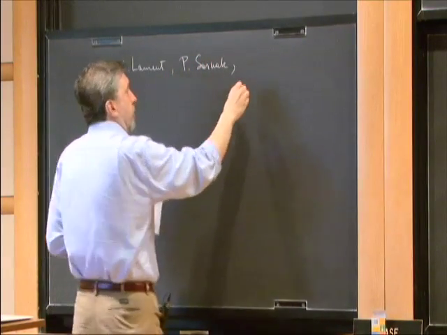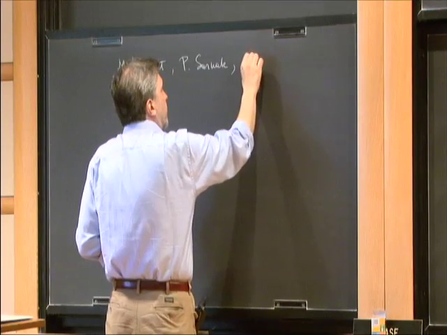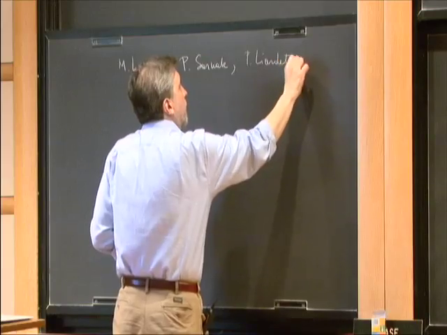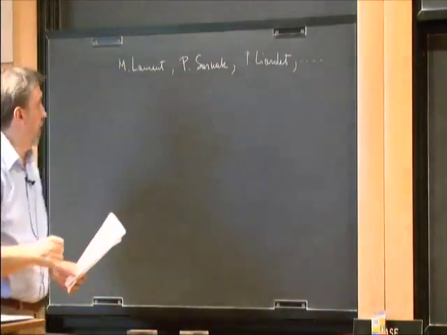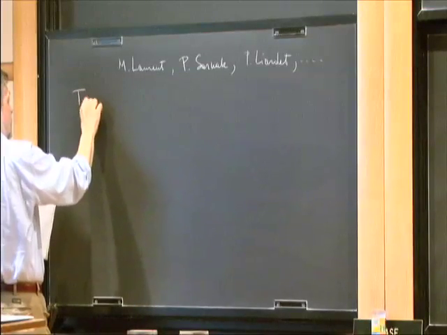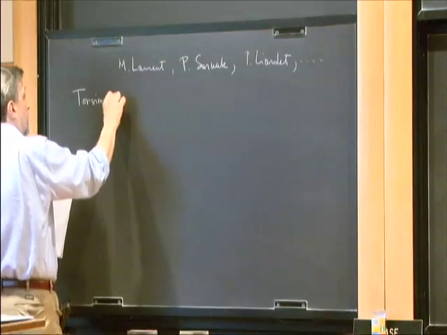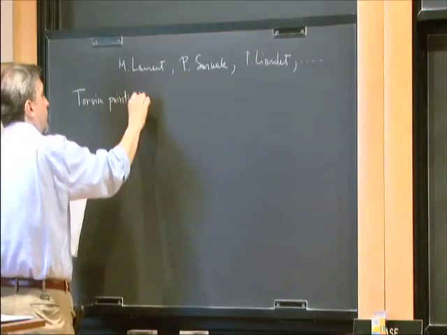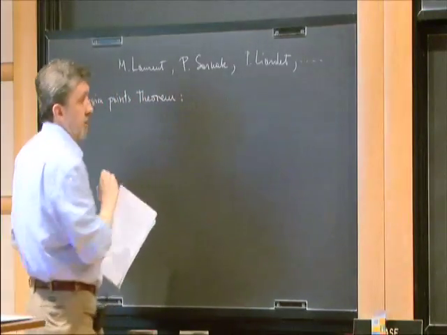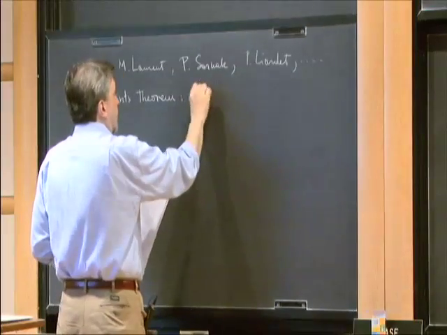And then other proofs came by Liardet, I believe. And there are quite a number of proofs. So let me state this theorem. I may call it the torsion points theorem. It may be stated in this shape.